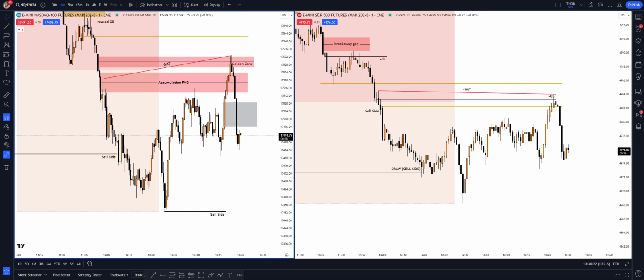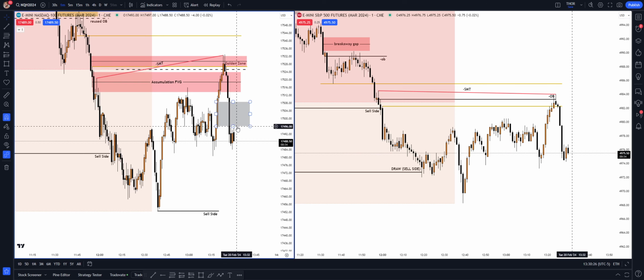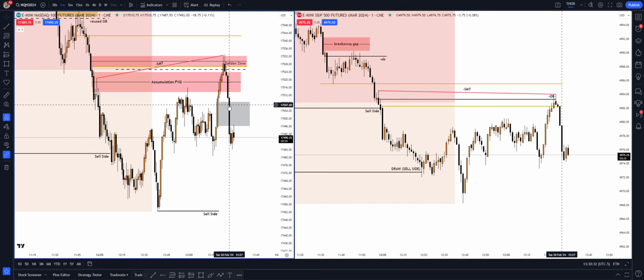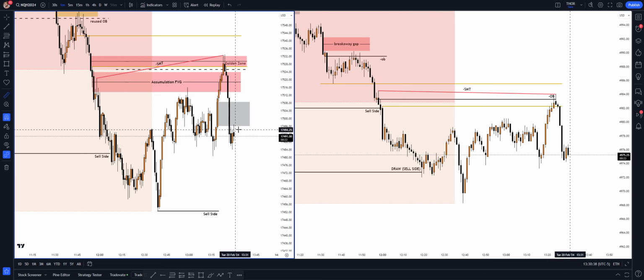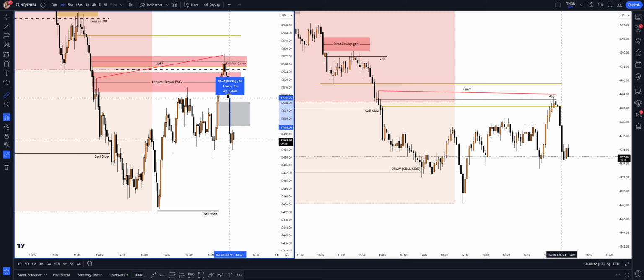Would a BPR short be good here? It should be, yes. However, the stop will be too large, you know what I mean? Because this fair value gap, this CE, is almost 20 handles. So if you were to short here, your stop loss should be at least above that BPR.